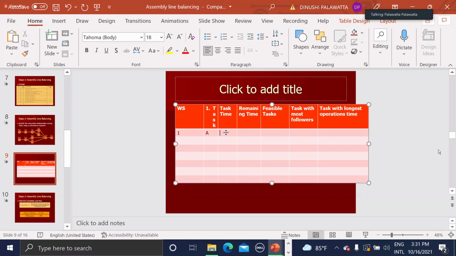So then 45 seconds. And the remaining time is 5.4. Feasible tasks are none, so we have to separate.